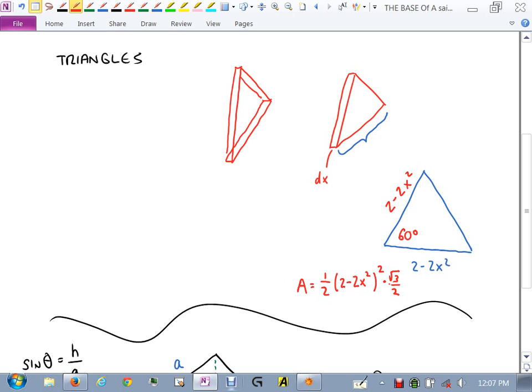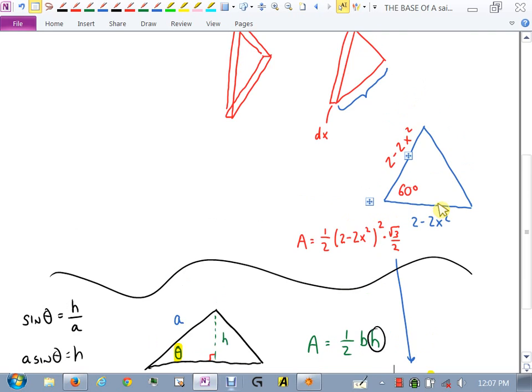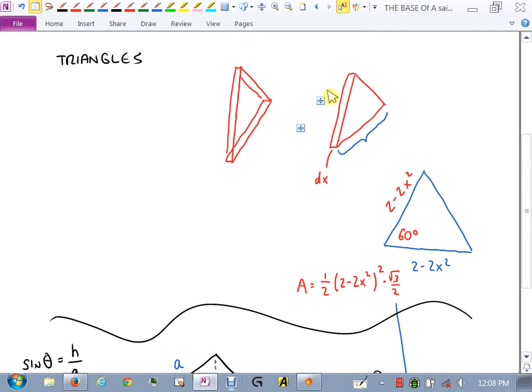Y'all see where that all comes from? I didn't have to break up that triangle or anything. I just used that formula. I'll connect this here so you can see it. This comes from there. Okay, so then what is the volume of this little piece right here?